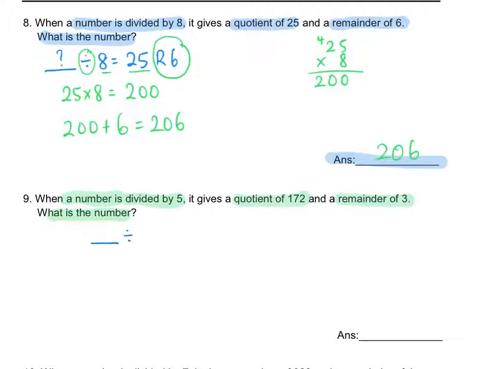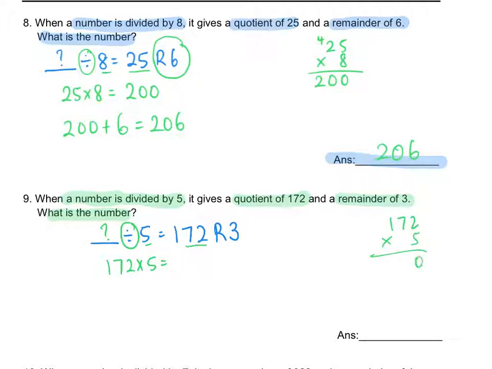When a number is divided by 5, it gives a quotient of 172, remainder 3. So what we have to do now is find the number. So working backwards, instead of divide, now we times. Take 172 times 5.